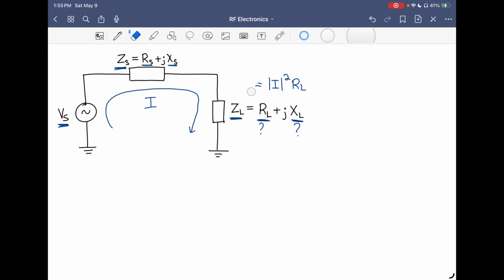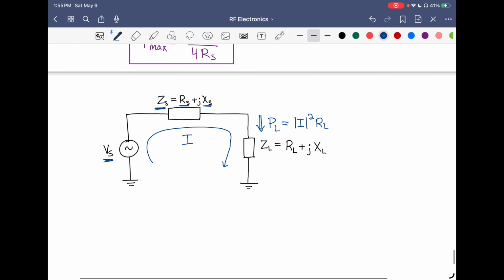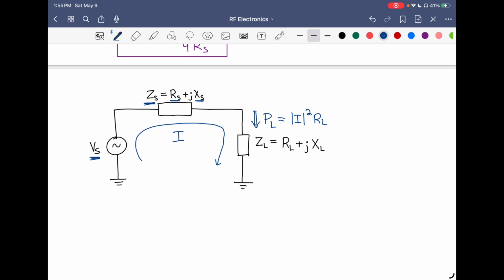So this case will be a little bit different. In this case, instead of an unknown load impedance to start with, we have this as fixed. And the question still remains, we want to deliver the maximum power to this load. Now, what should we choose for the source impedance? So you can see we swapped the question around.